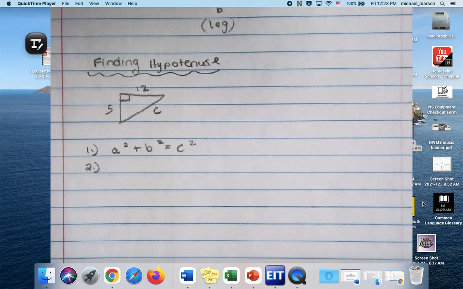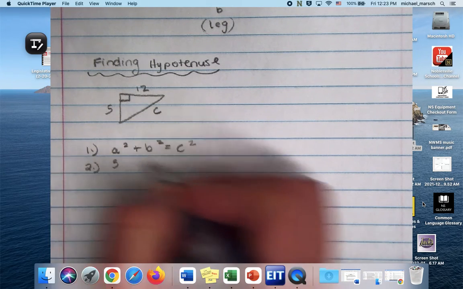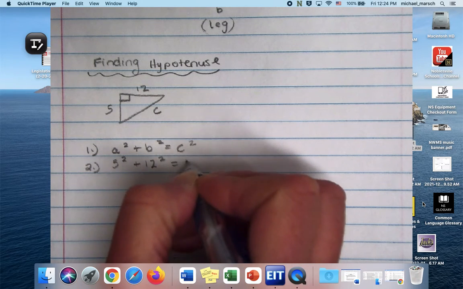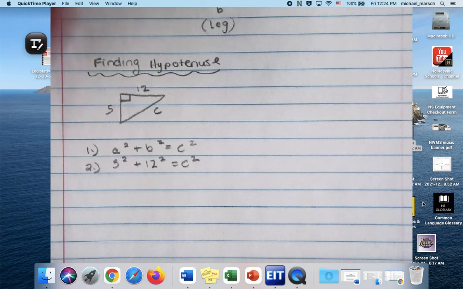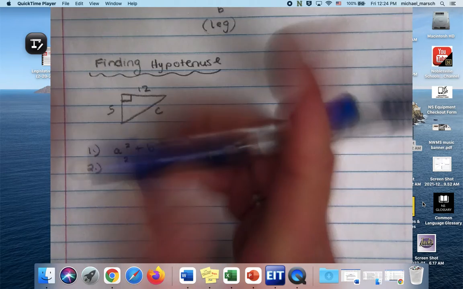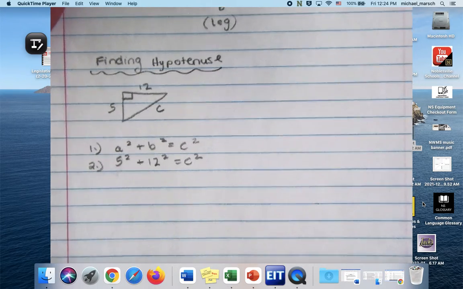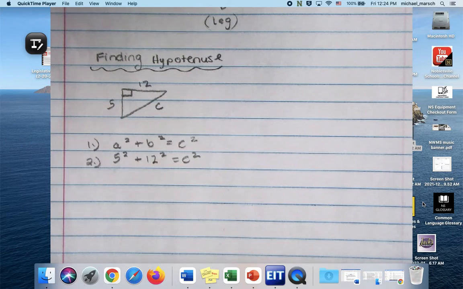Okay, next step is to put the values in for A and B. So 5 squared plus 12 squared equals, and then C squared stays like it is. Yep. Wasn't this the exact question that was on the video? But I don't think he showed the steps like I'm forcing you to show them.